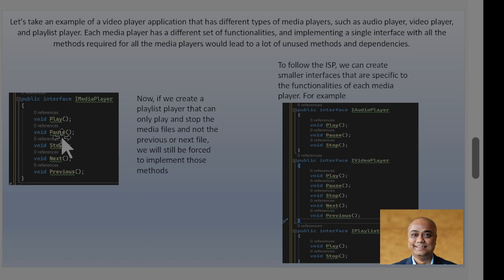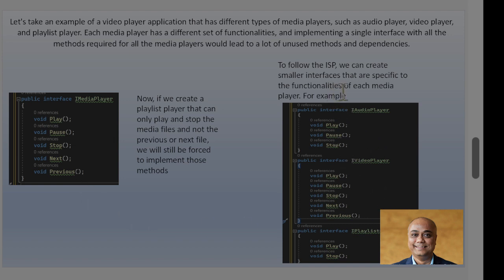So in this example, if we create a playlist player that can only play and stop the media file and not the previous or next files, we will still be forced to implement those methods.